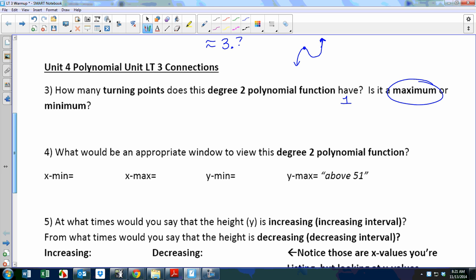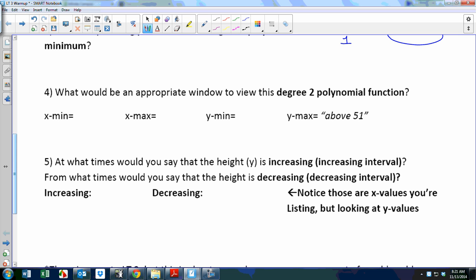All right, moving on. What would be an appropriate window to view the picture that we just looked at? Well, any x value from negative 10 to 10, that would capture the highest point. It would capture where it hits the ground. But the y-axis, it would need to be negative 10 to something above 51. In this unit, I'm not going to tell you your windows.